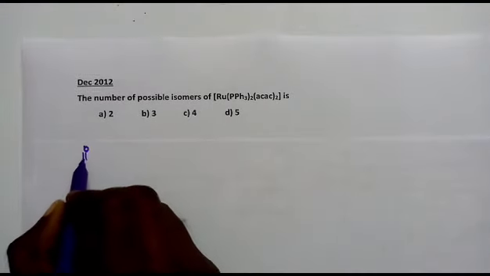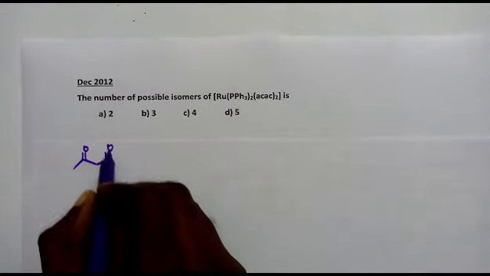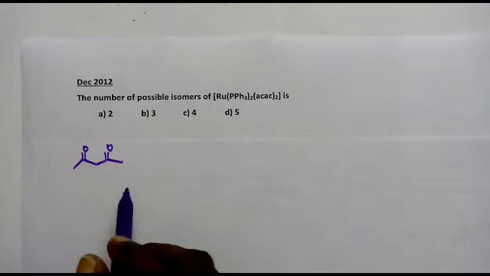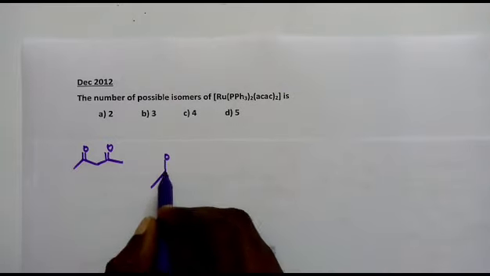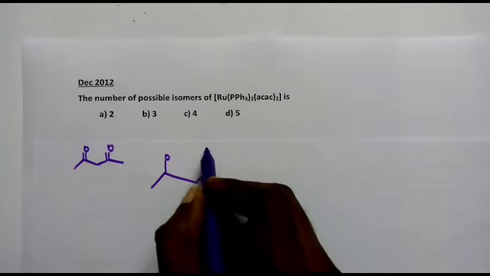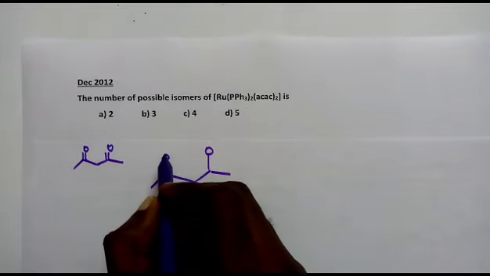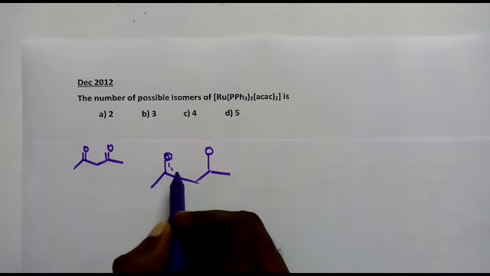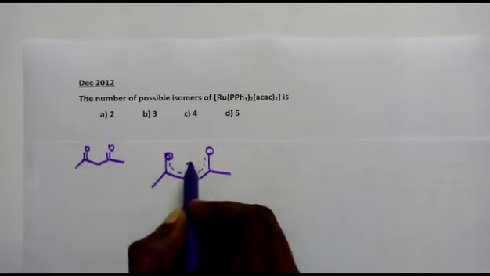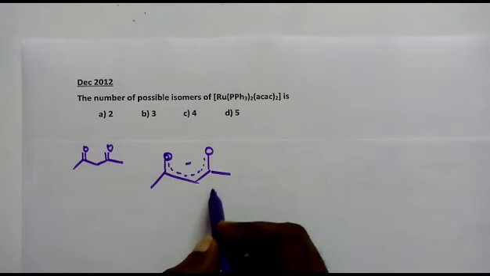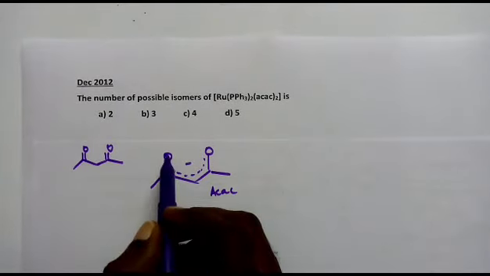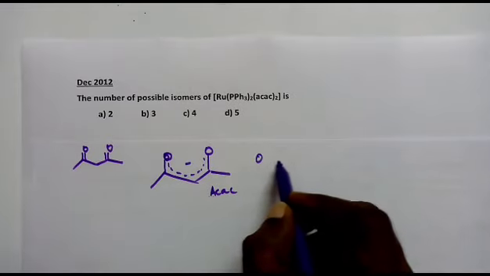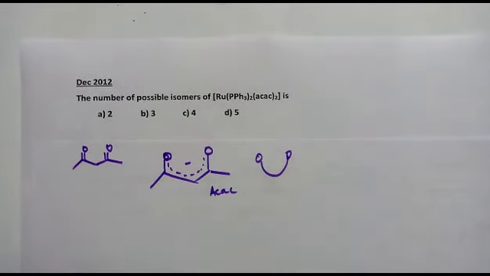This is acetylacetone. Acetylacetonato means this one: oxygen, like this, with a negative charge. This is the ACAC acetylacetonato ligand. It is a symmetrical bidentate ligand because you have 2 oxygens.